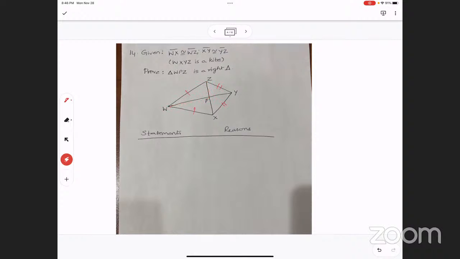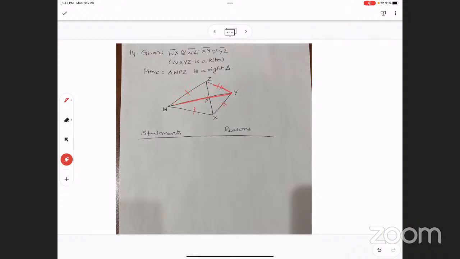So what I have is, let's see, how can I prove this? So I'm just thinking things out. First of all, if I draw this side in right here, WY, it's equal to itself. And that will give me what?